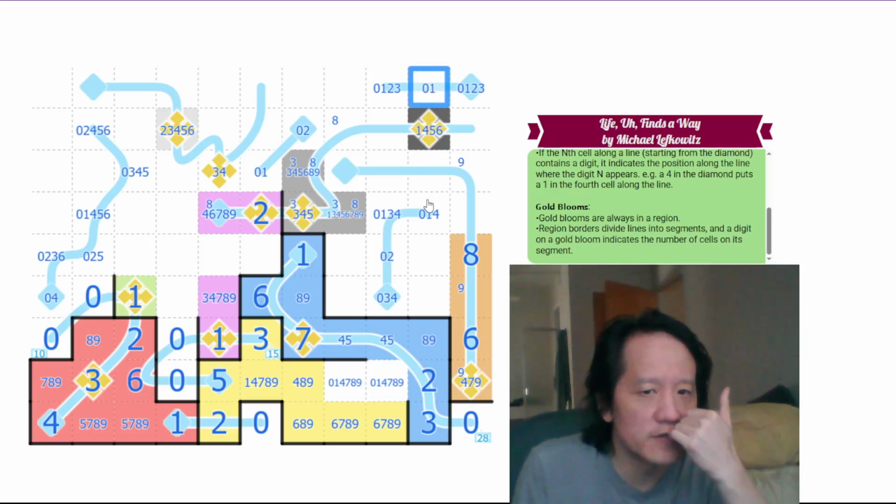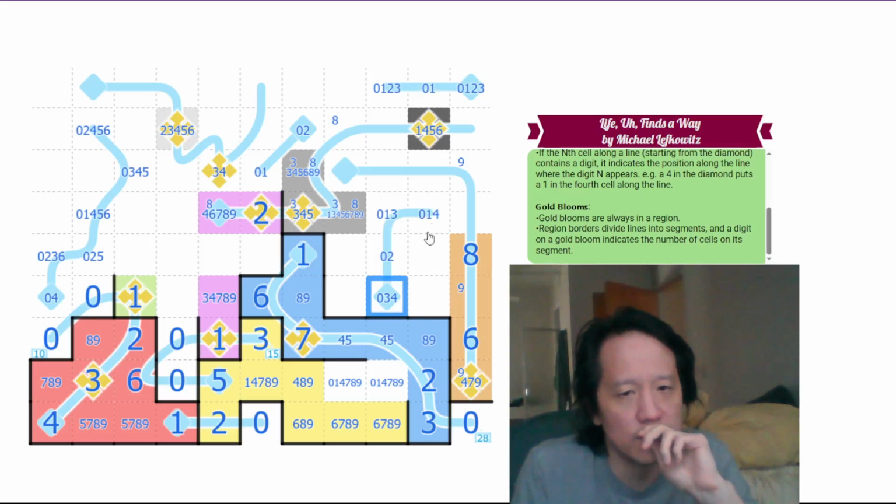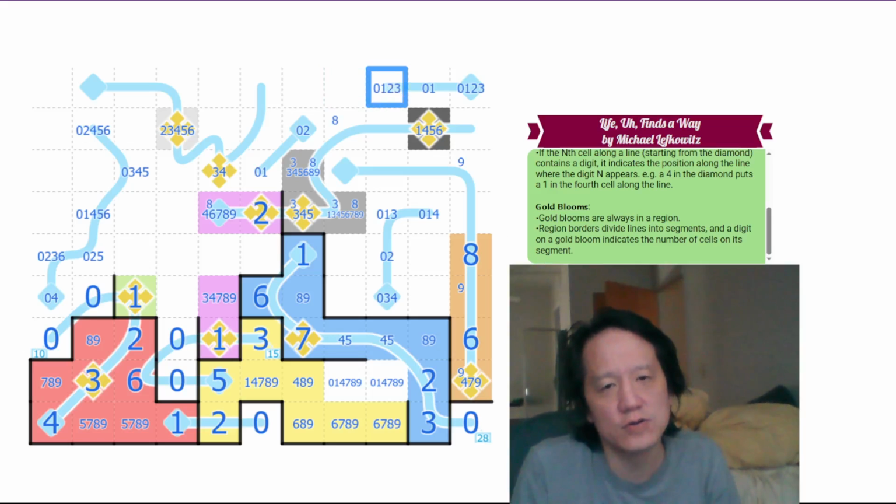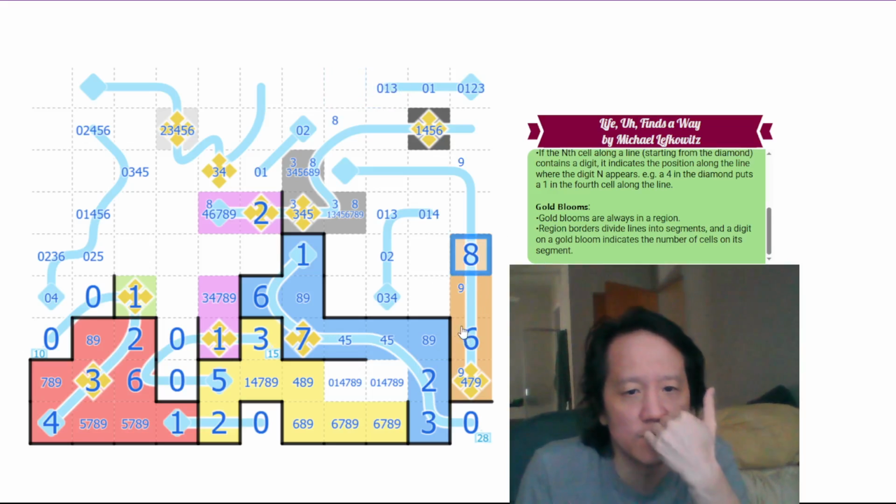Because of that, 3 cannot be here, so this cannot be 4. 4 can only be in the first and the fourth positions. 2 could be in the first, but cannot be in the third. So this can't be 2.